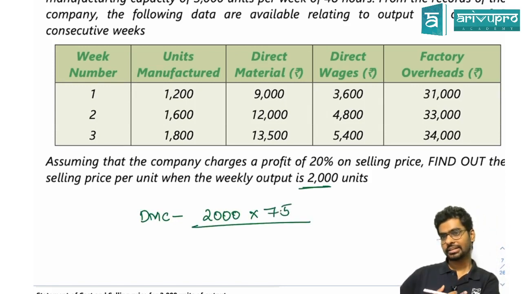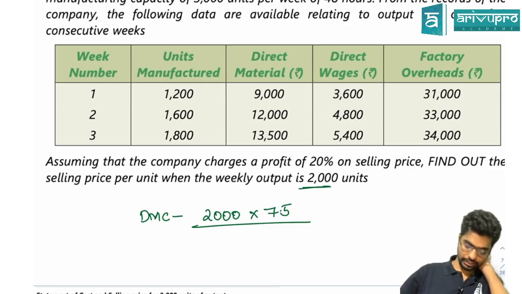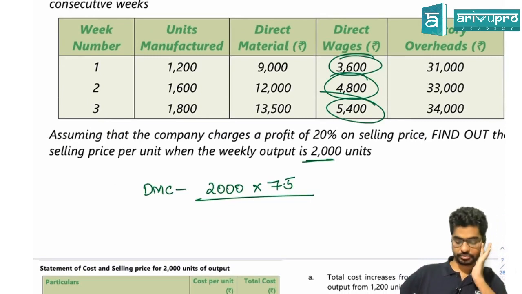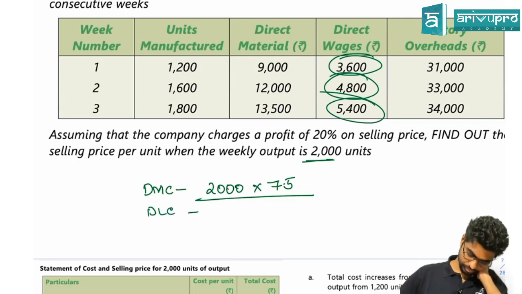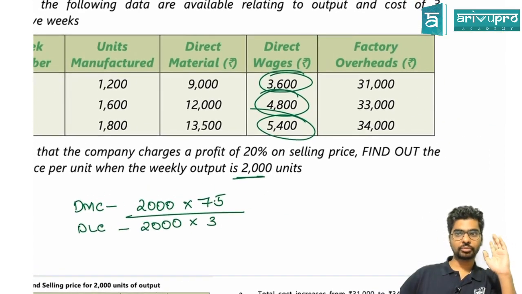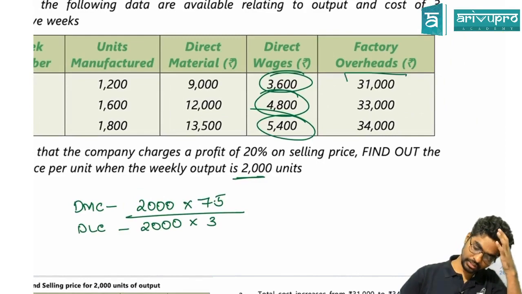Are you clear, Samina? Done? Do it with wages. How much do you get per unit cost? All the 3 cases 3. Therefore, labor cost is also variable. Done with both. Let me come to the third cost, factory overheads.